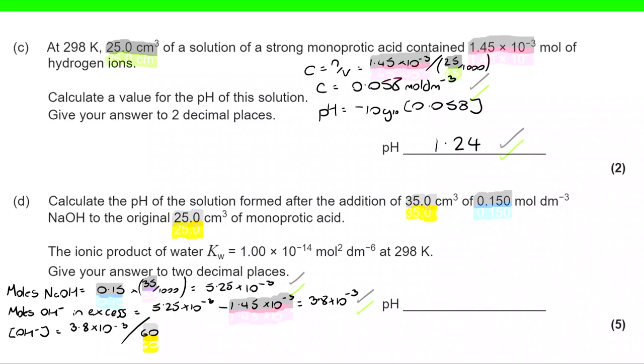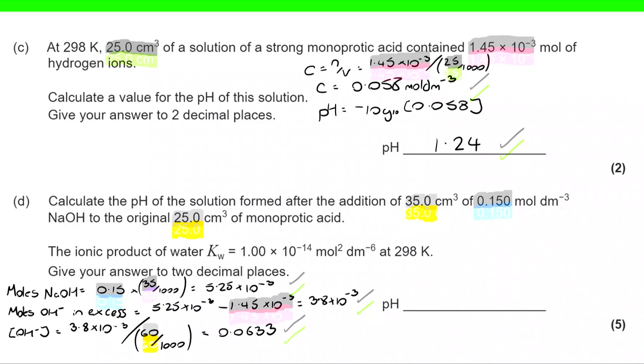So I can work out my concentration of OH minus ions. So in this case, it's that number of moles, 3.8 by 10 to the minus 3, that are left in excess after the reaction, divided by 60. But once again, I'm converting that 60 to decimeters cubed.